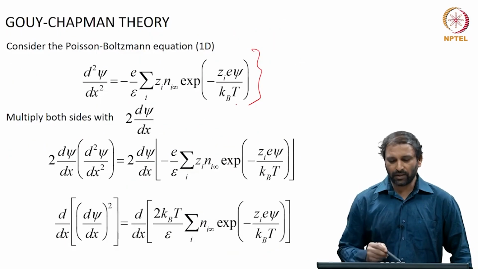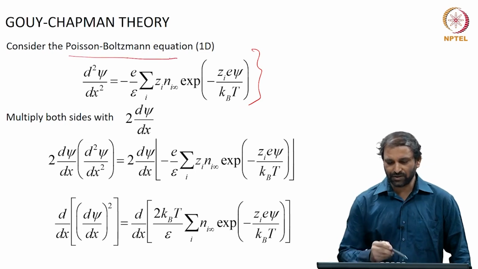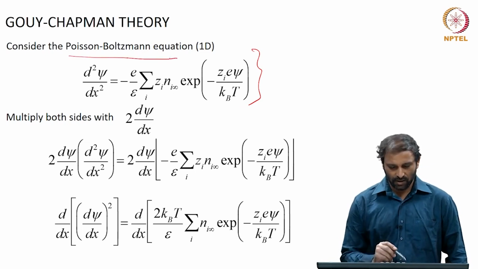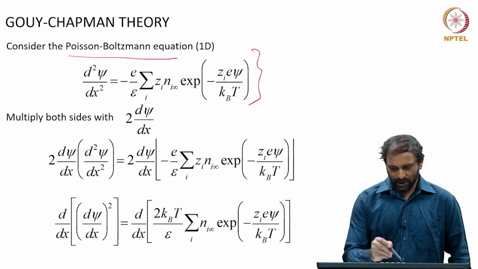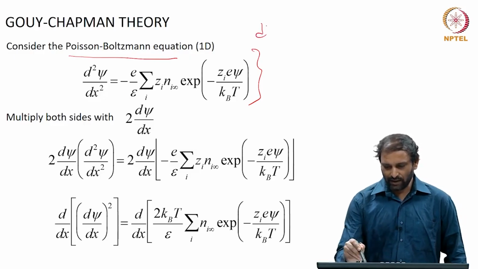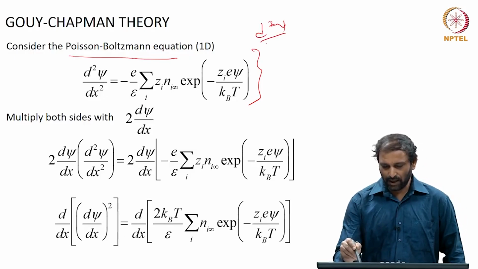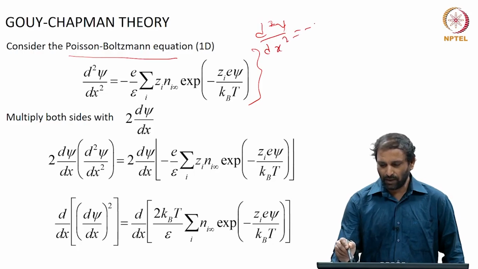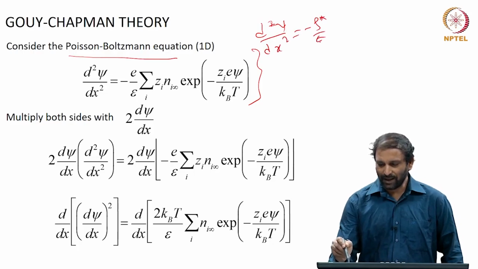Again we will start with the Poisson-Boltzmann equation, one dimensional case, and if you remember, we had d square psi by dx square is equal to minus rho star divided by epsilon.